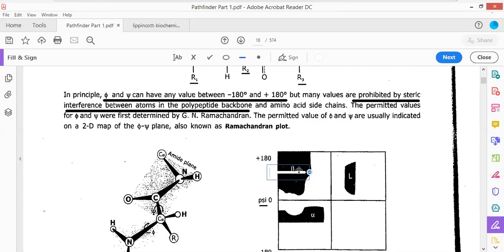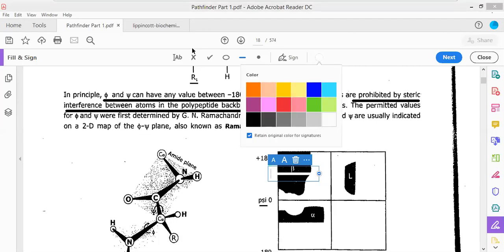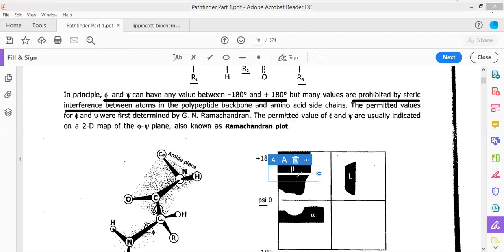So here I am dividing the Ramachandran plot into two parts. Let me annotate it. There was a parallel beta pleated sheet structure and an anti-parallel beta pleated sheet structure. Sorry, let me take white color.